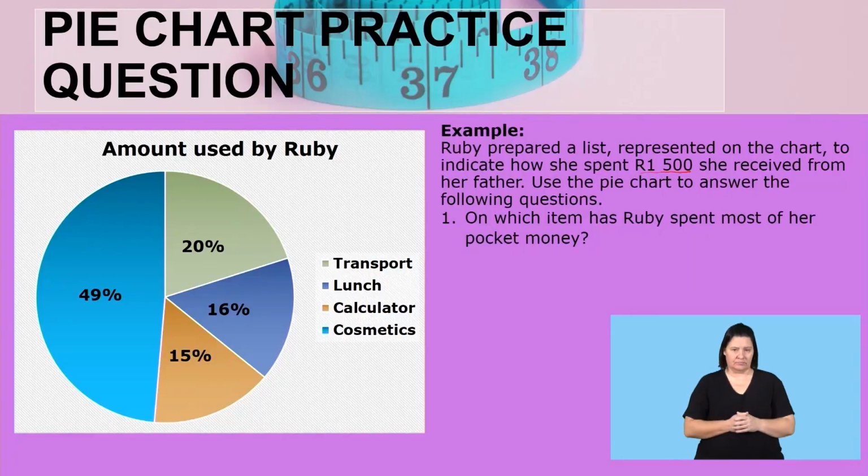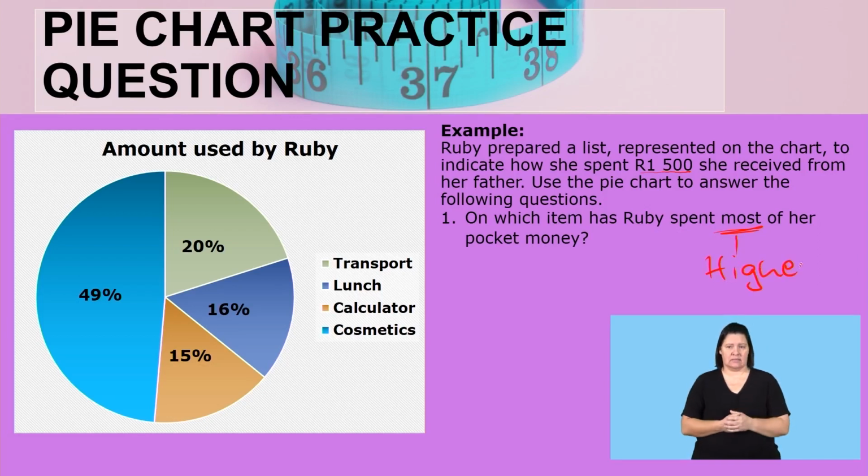So the size of the slice will give us the maximum value and the minimum value. The bigger slice is the maximum value, and the smaller slice will be the minimum value. So on which slice has Ruby spent most? The word most indicates that it is the highest spending.